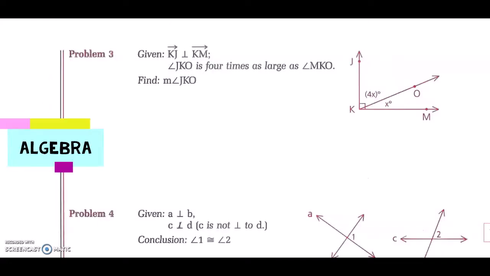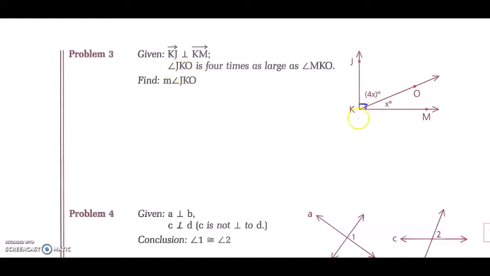In problem 3, we have an algebra problem. So we want to do DKEWS. Remember, D stands for diagram, K is for key, E is for equation, W is for work, and then S is for solution. So given ray KJ is perpendicular to ray KM, here we have the right angle and it's marked.